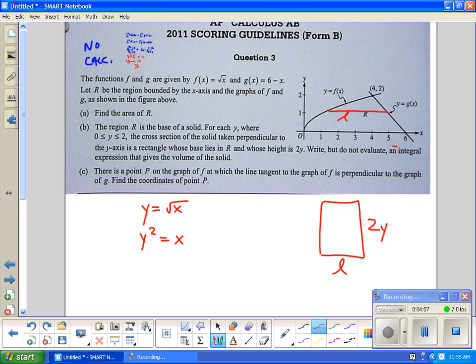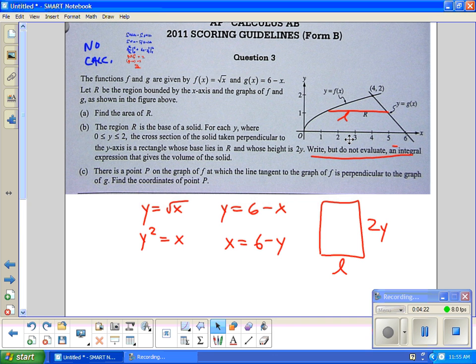And on the other one, we had y equals 6 minus x, so x equals 6 minus y. I just solved those 2 equations for x, because I need those functions. And it says, write but do not evaluate the integral, which is going to make this a lot easier.